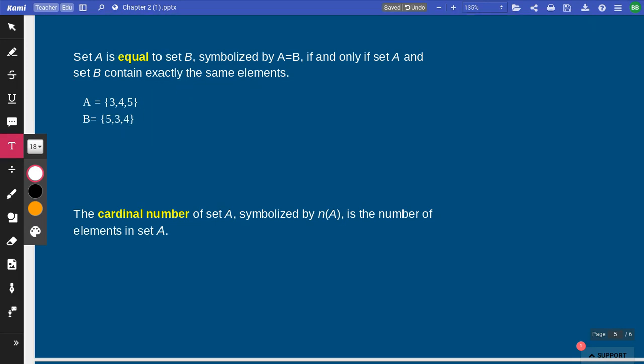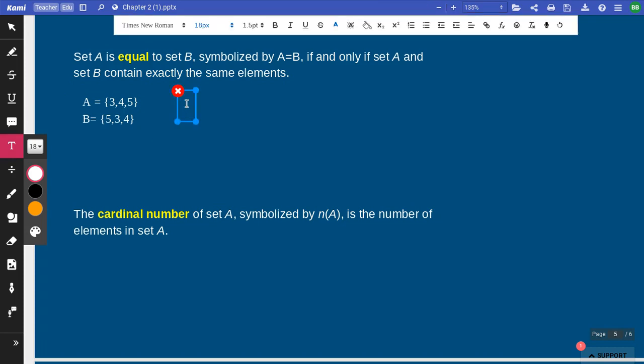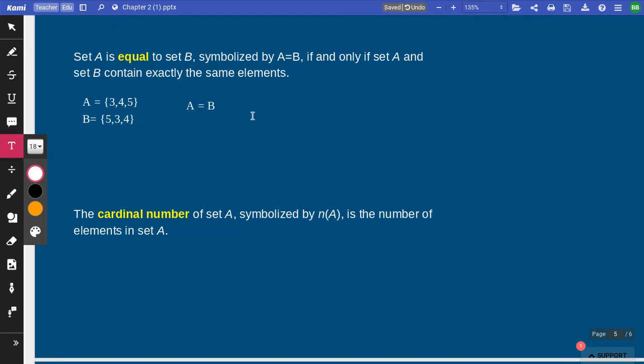When you look at the elements in the set, you have 3, 4, 5 for set A, and in B, you have 5, 3, 4. These are the same exact elements. That means these two sets are equal. Therefore, we can conclude A equals B, because these are the same exact elements. That's what equal means.